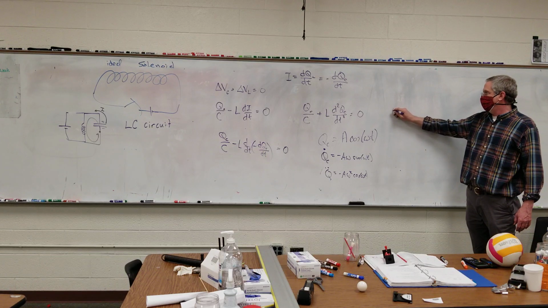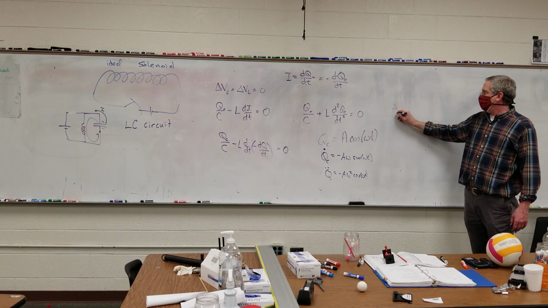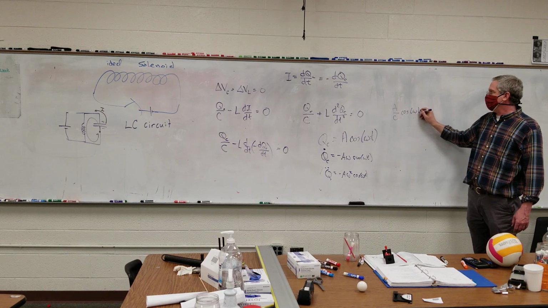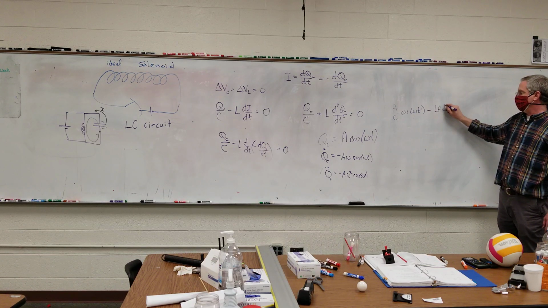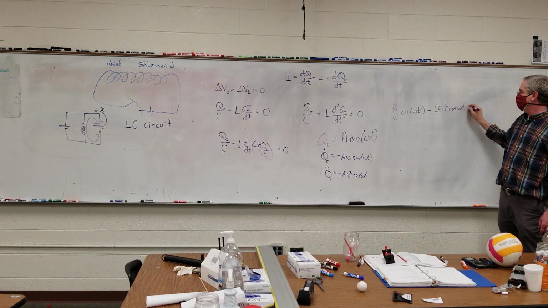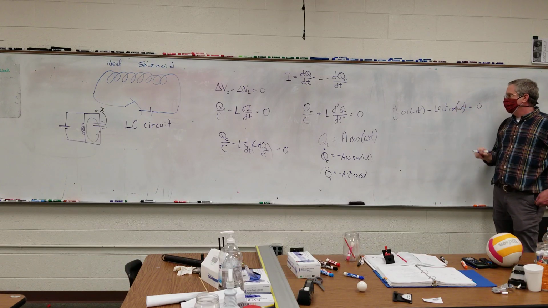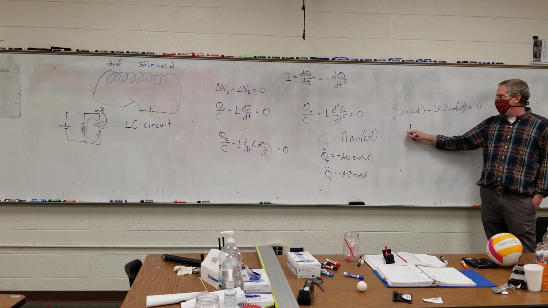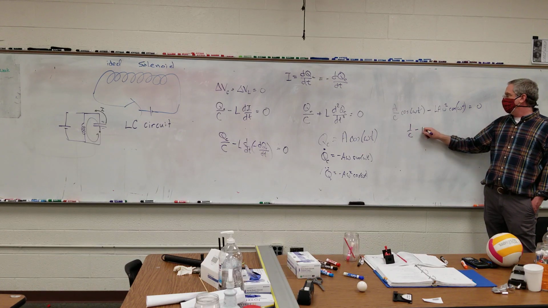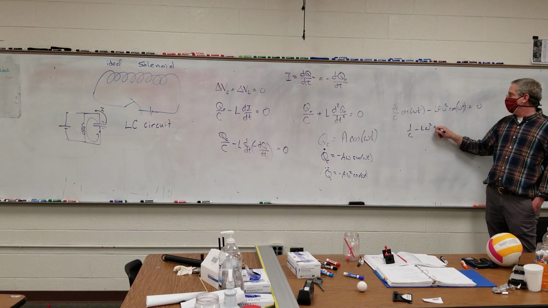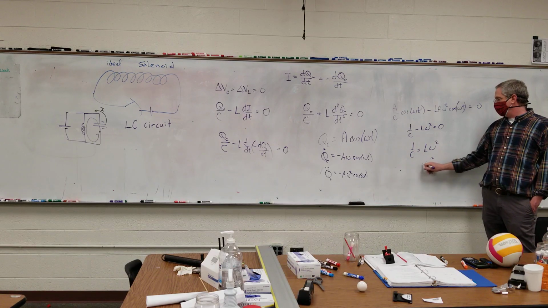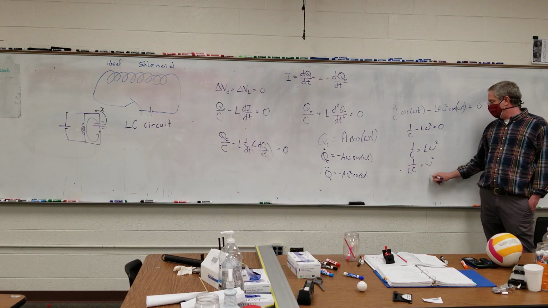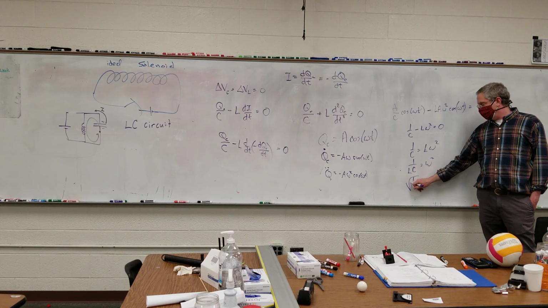So I have A over C cosine omega t minus L A omega squared cosine omega t equals 0. We get 1 over C minus L omega squared is equal to 0. 1 over C equals L omega squared. Omega squared is equal to 1 over LC. Omega is the square root of 1 over LC.